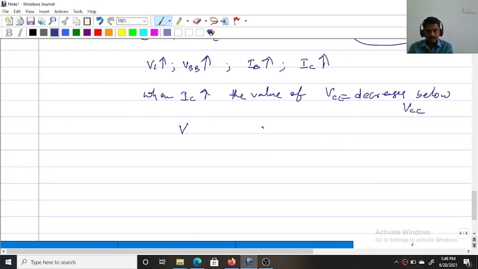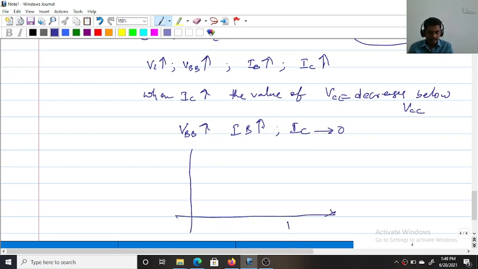When VBB further increases, IB increases, so IC reaches towards 0, but it never becomes 0, it only tends to 0. So you can draw one more graph between the output and input voltages. This is the input voltage, nothing but VBB, and this is the output voltage, nothing but VCE. If you draw the graph, it is like that.